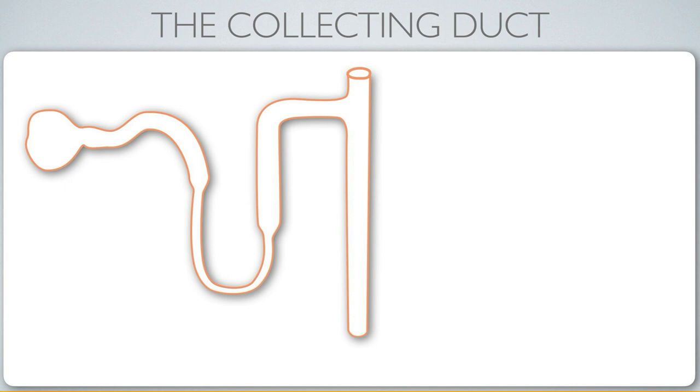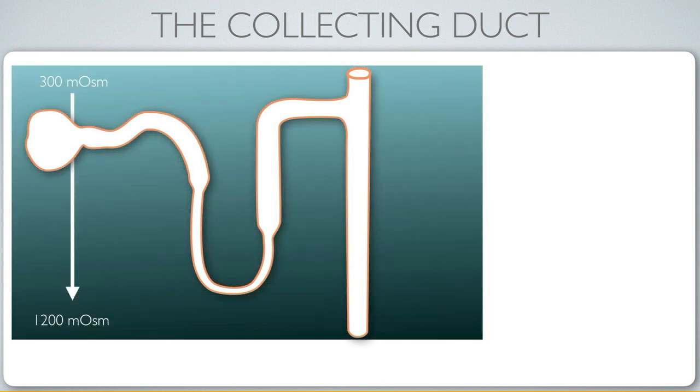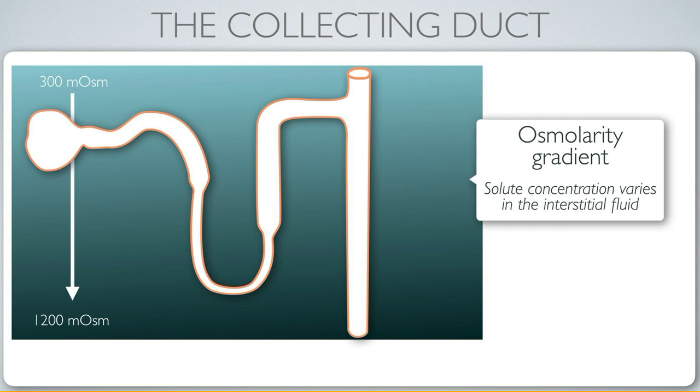And in fact, there's a gradient of that osmolarity. So as you go from the cortex to the medulla of the kidney, that is deep inside of the kidney, there's an increase in osmolarity. All right, so that's what we're going to call the osmolarity gradient, where we have a solute concentration that varies in the interstitial fluid, where it gets greater in the depths of the medulla.